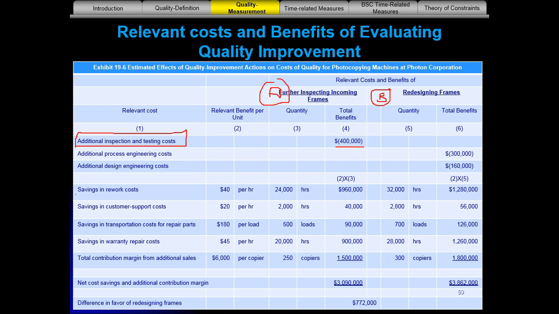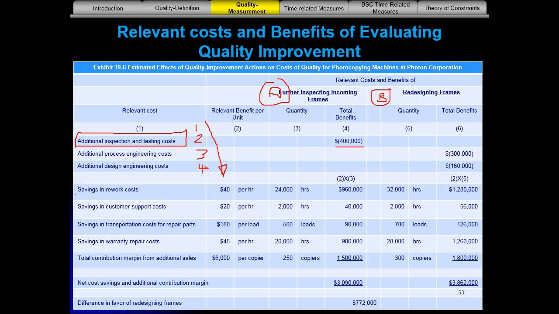Before we go through the numbers in terms of the benefits, what we're doing, again, in part 1, we looked at 1, 2, 3, 4. We had prevention, we had appraisal, and then we had internal failure, we had external failure. These are all the different types of groups of costs, quality control costs.